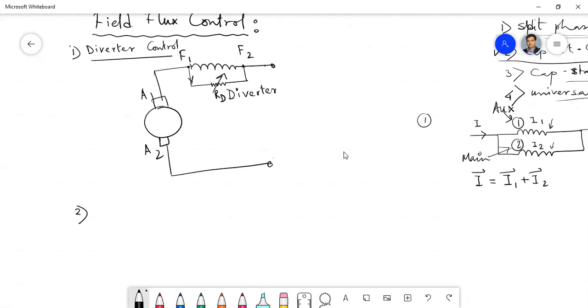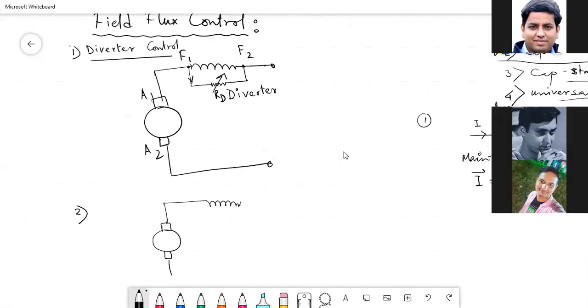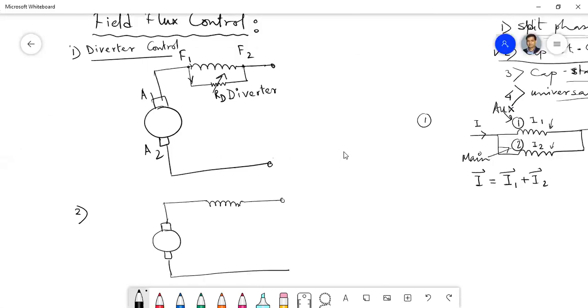What else we can do? Change number of turns. So if we change the number of turns, what we'll get? Number of turns change করে কি হবে বলো? স্যার এমএমএফ কমবে। কমবে MMF? হ্যাঁ। How do you implement that?